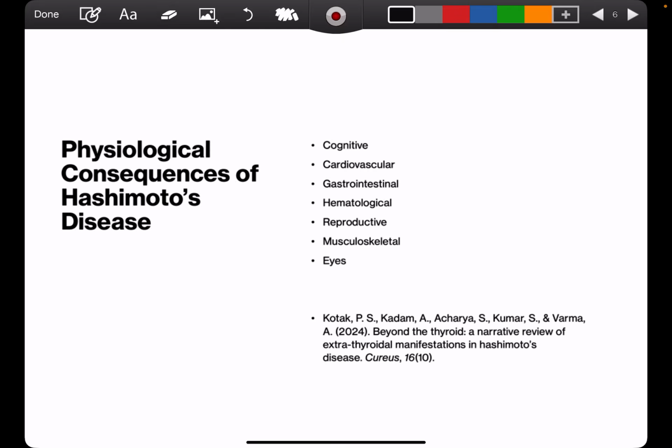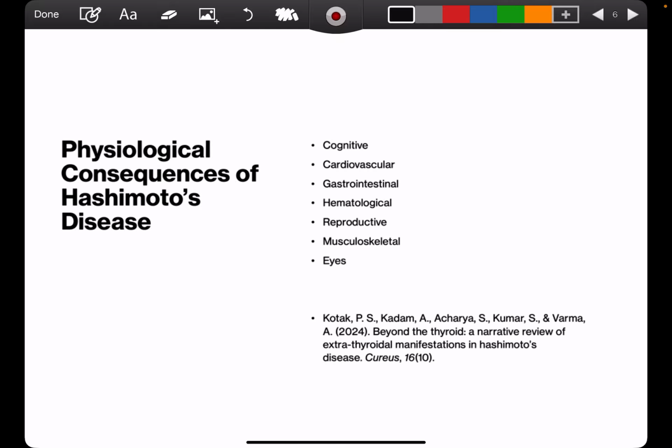Hematologically, there's an increase in the likelihood of anemia, specifically pernicious anemia, which affects vitamin B12 absorption. In reproduction, specifically in women, it's likely to induce oligomenorrhea and infertility. In the muscular system, you've got joint and muscle pain, impaired strength, stiffness, and increased fatigue.